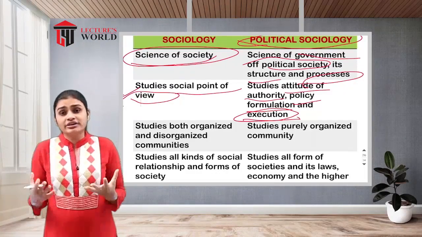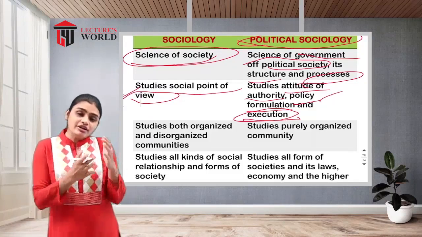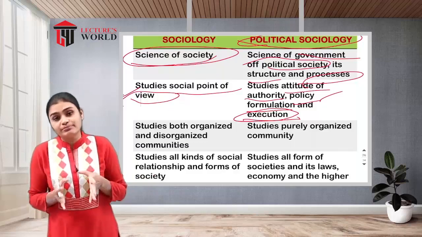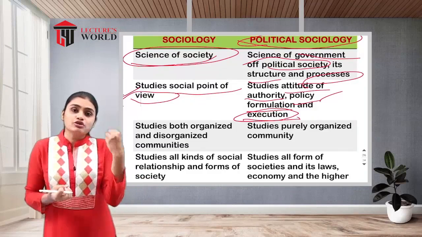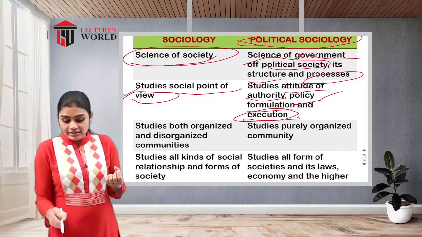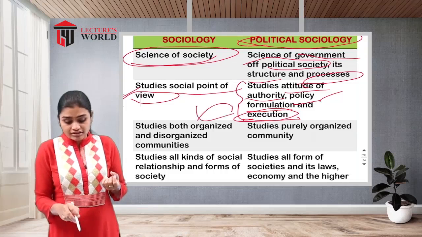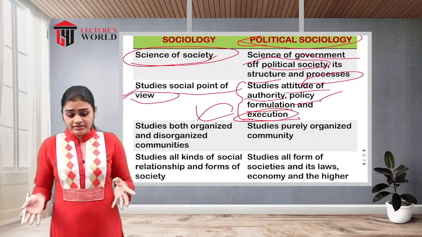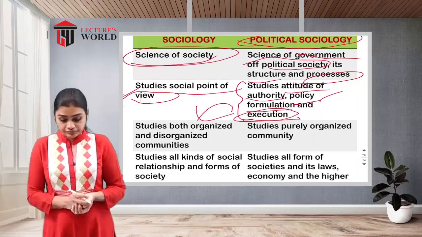Their attitude is going to be studied. Policy formulation means what type of policy they have formulated to implement, and its execution, how it is affecting human behavior. All those things are checked from the point of view of the society. So that's why there is a relationship of political sociology with sociology.